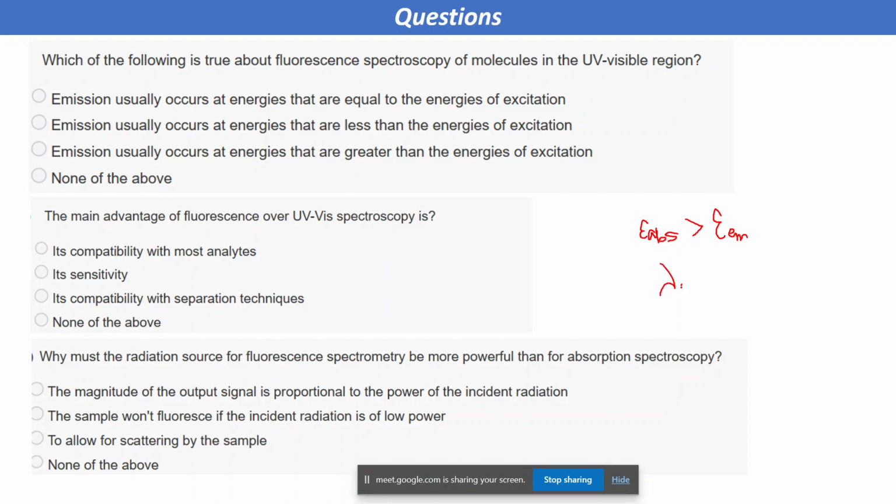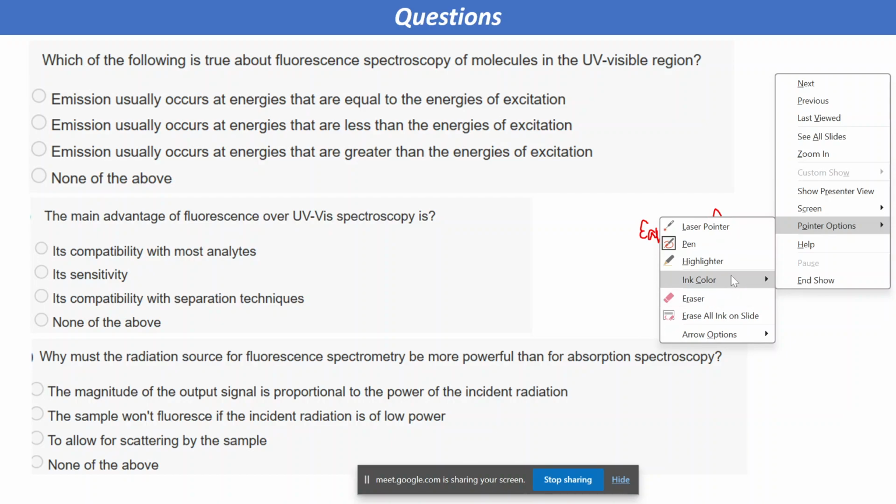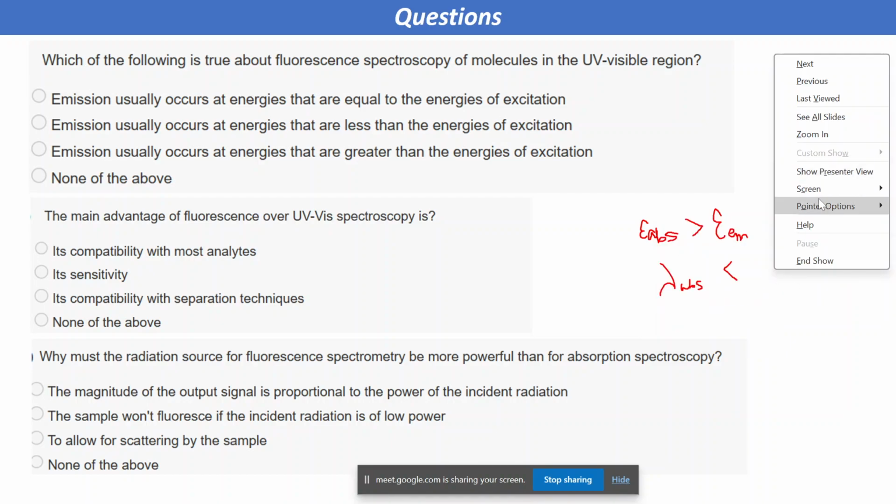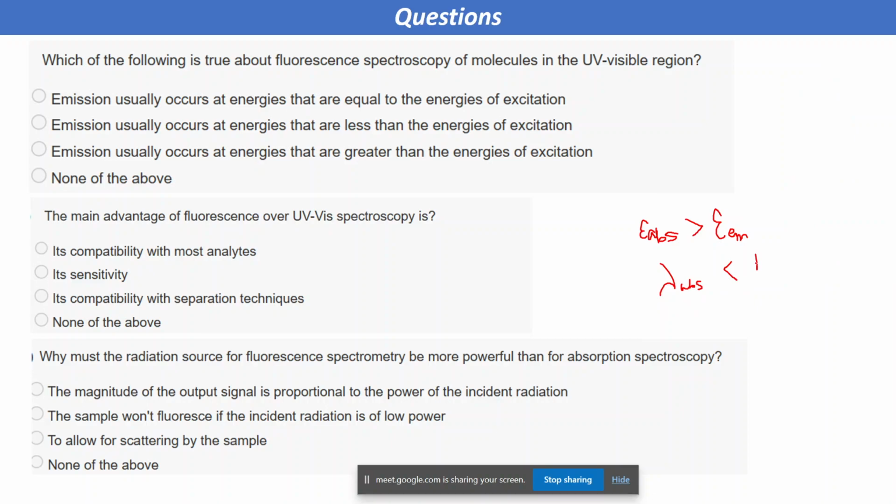Therefore, lambda of absorption is smaller, that is, lambda emission is longer. Therefore, emission always occurs at a longer wavelength. So emission usually occurs at less energy than the energy of excitation. Is it clear? Yes, ma'am.